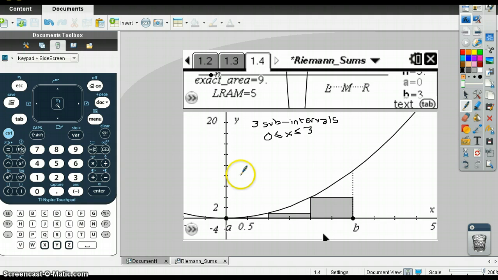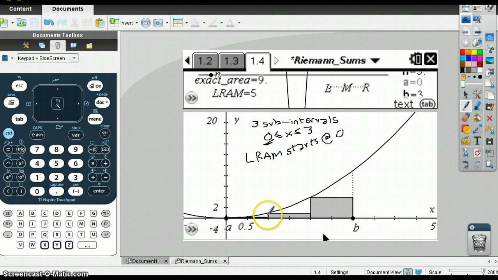So since my interval starts at 0, my LRAM first rectangle starts at 0 as well. Okay, so I would literally put a point there, and it's at 0, so it's not going to have any height to it. So it has a 0 height and a width of 1.